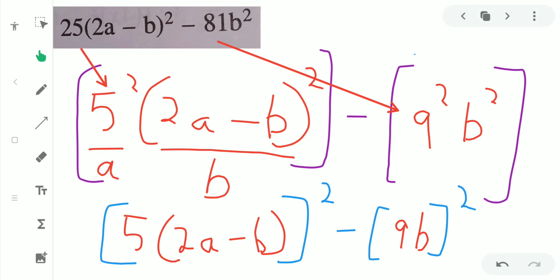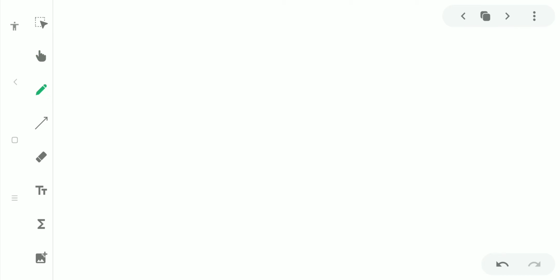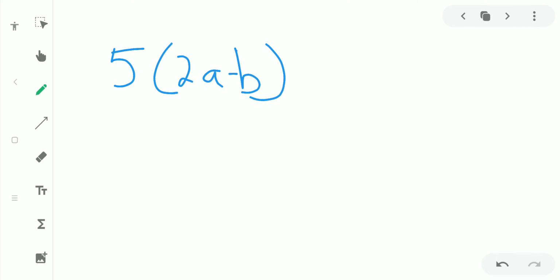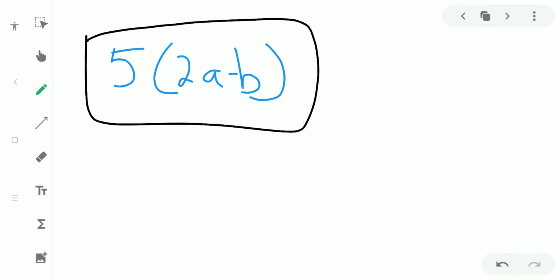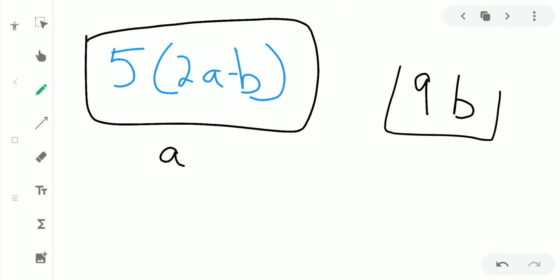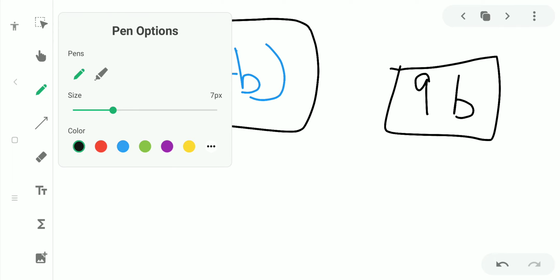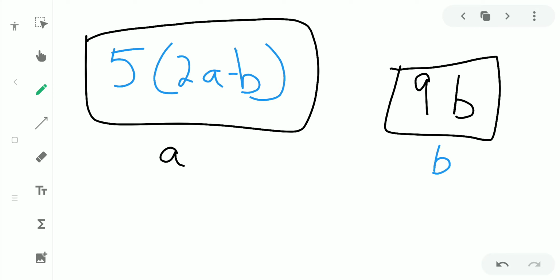So I am taking 5 times 2a minus b, I am assuming this one as a and 9b, this one as b. So we have a square minus b square.